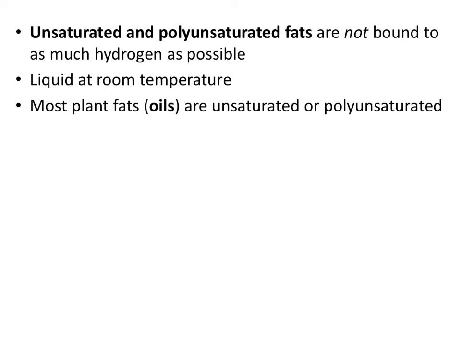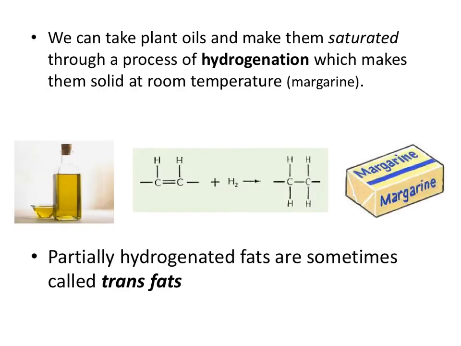I mean, I cook with it all the time because it tastes good. Oh, and then you can make an unsaturated fat, like a vegetable oil, and turn it into a saturated fat by adding hydrogens to it. So you end up with margarine.